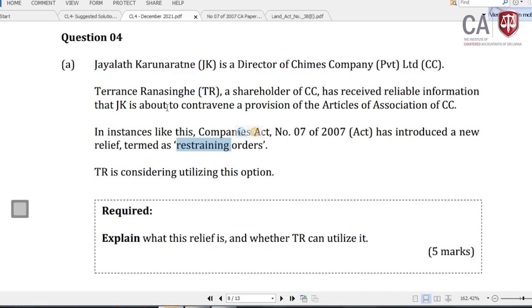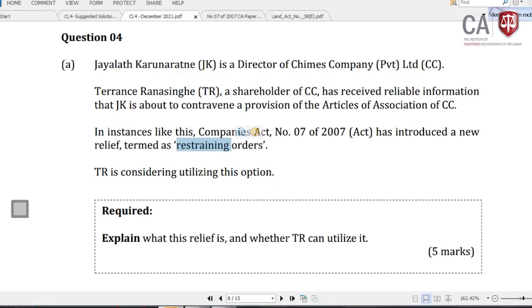He has not done it yet, he is going to violate the articles. So under the Companies Act, you can obtain a restraining order to prevent this particular director from entering into a transaction or doing something in violation of the articles of the company.